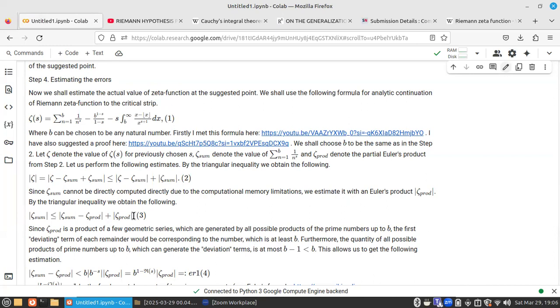Like the density is quite different. So we are doing something like this.